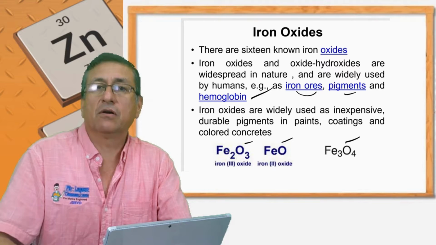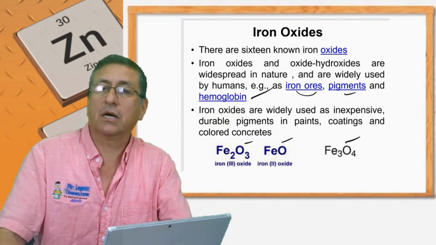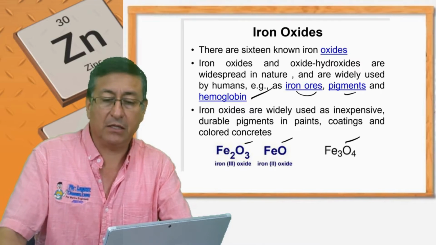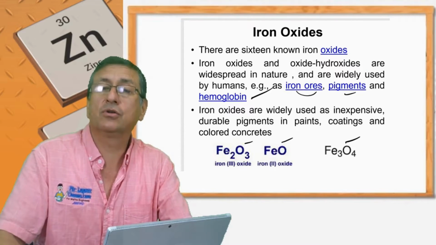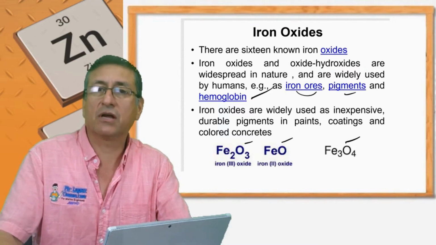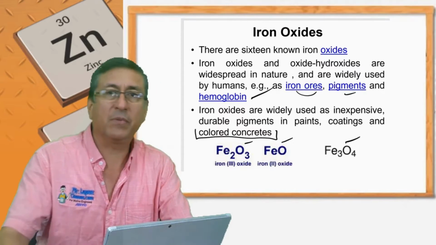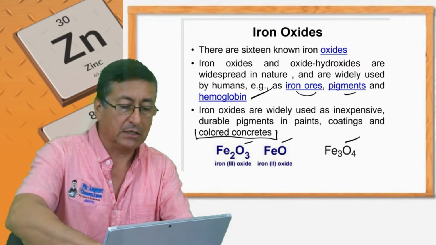In the last chapter of this book, we are going to talk about the different types of coatings and the methods to apply those coatings, and also to change the color of the concrete and the asphalt. There are a lot of applications for iron oxide.